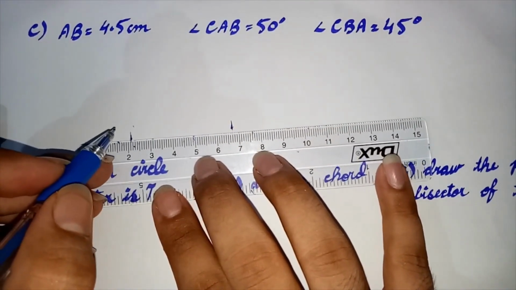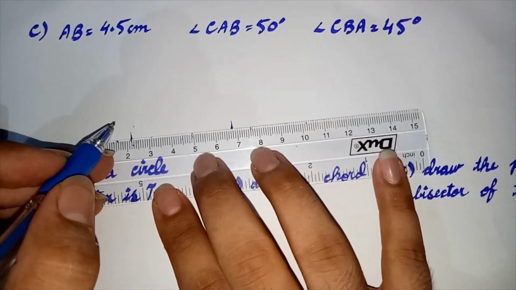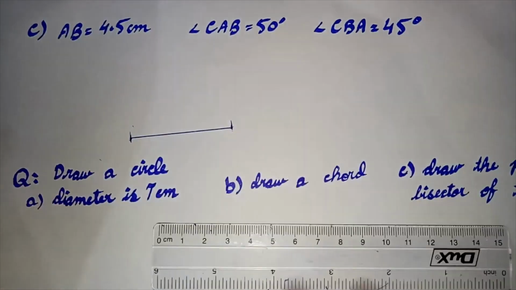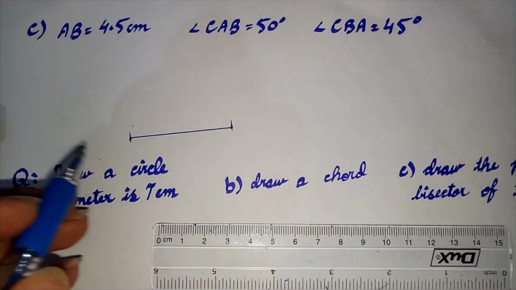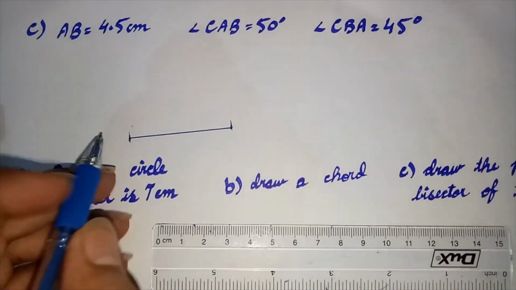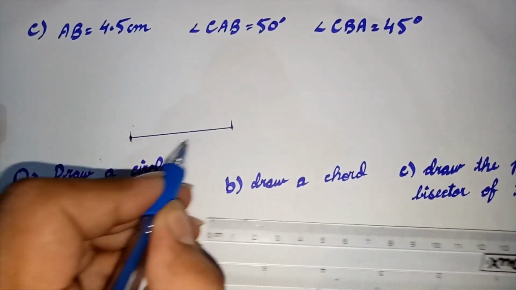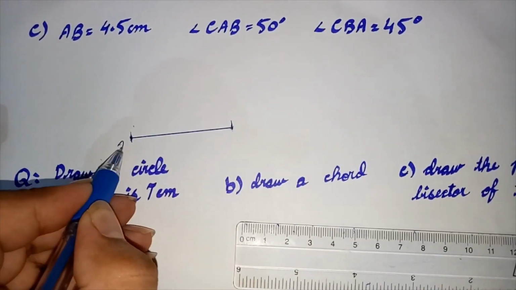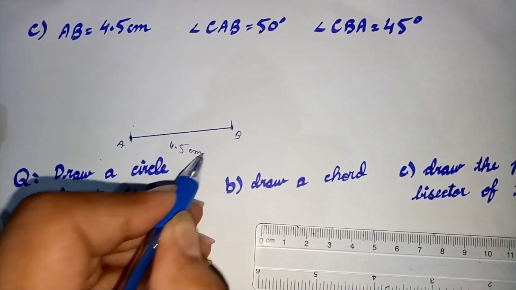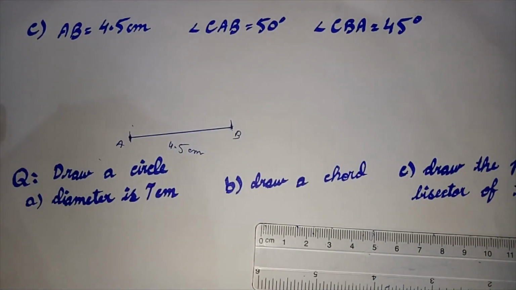So I can join these two points just like this one. So here we can get a side of 4.5 centimeters with the help of this pair of compasses. So now this is our point, which is AB of 4.5 centimeters.